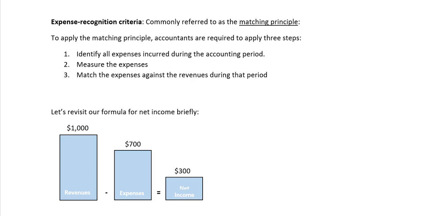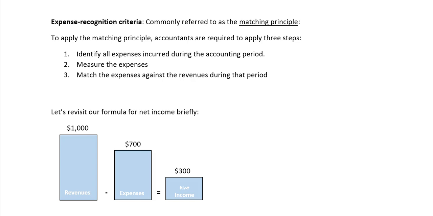So the best way to illustrate this is to start off by looking at our formula for net income again. And this is a nice visual graphic representation of the concept. We have our revenues of 1,000 and our expenses of 700, and we end up with net income of 300.